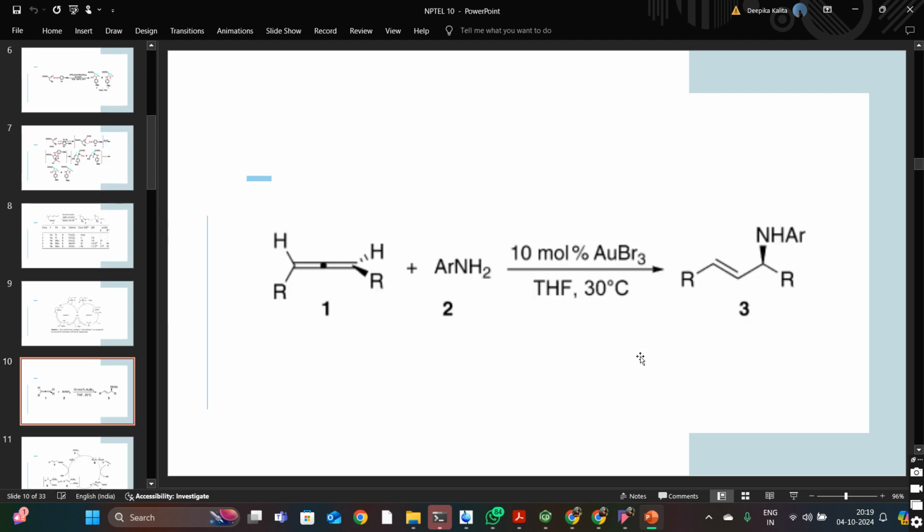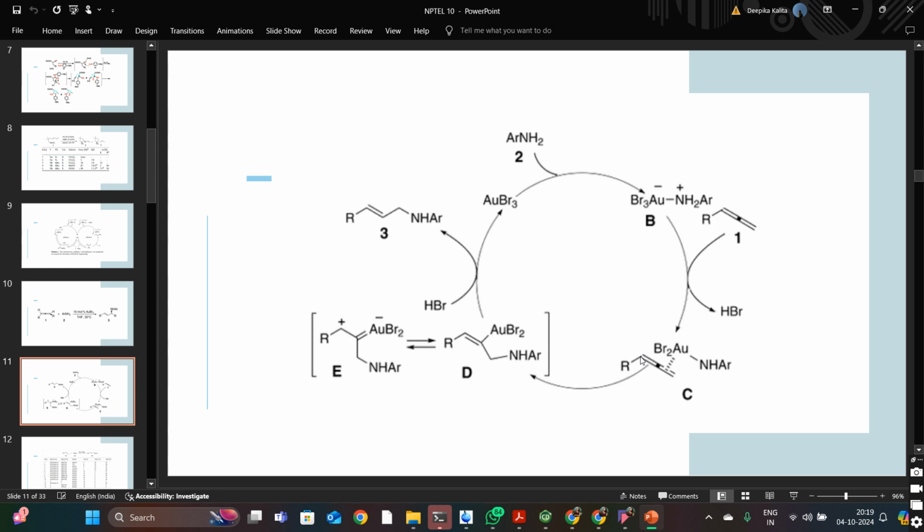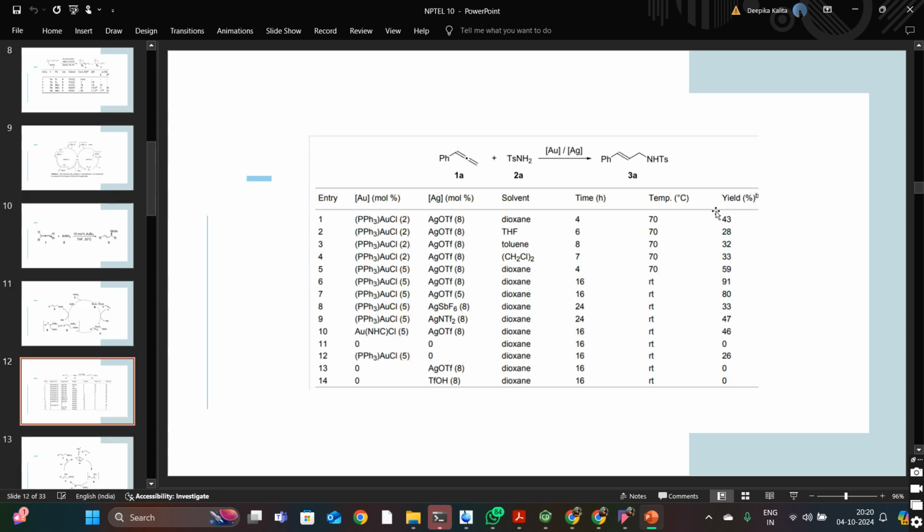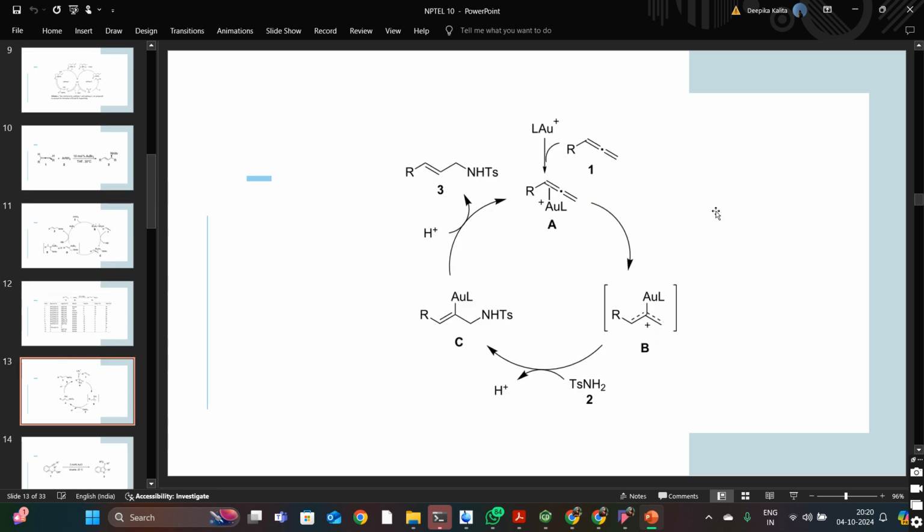Then we came across this hydroamination reaction of allene, which is gold catalyzed, where we saw that reaction involved the formation of a salt B, which then underwent hydroamination reaction. A similar mechanism we saw here.